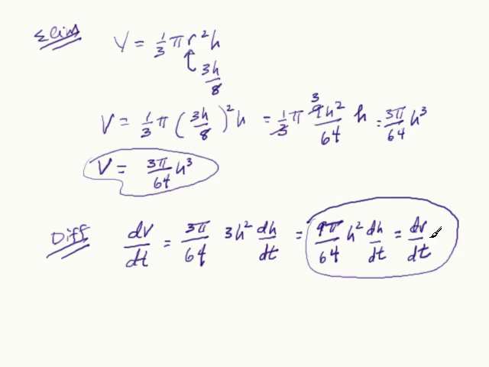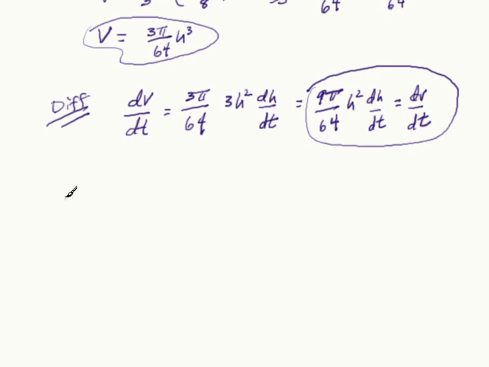So that's our equation relating dV/dt and dh/dt. We're going to use this in the last step, the substitute step. That's always the last step, and it gets us the solution that we need. Remember we want to find dh/dt when h is equal to 8.